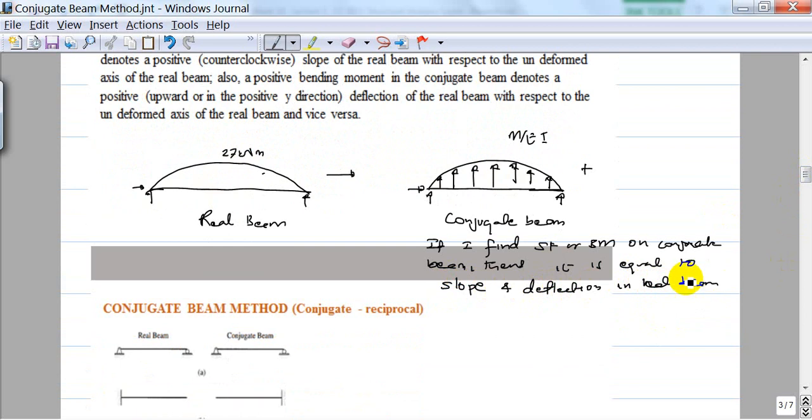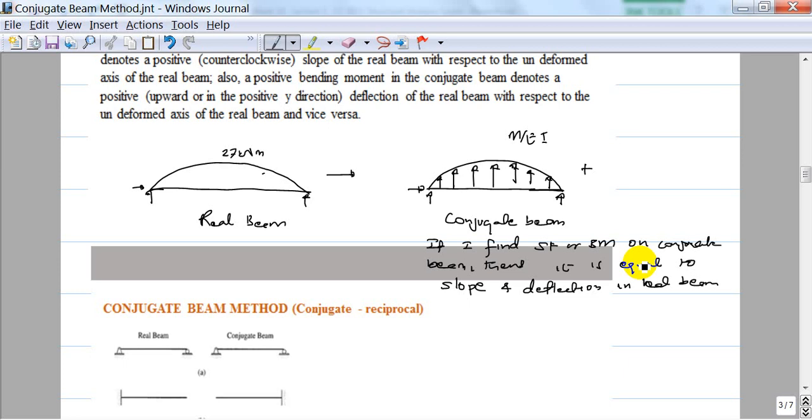It's very simple. You plot the bending moment diagram and divide it by EI, and then you derive the MOVA diagram. The MOVA diagram is a load acting on a conjugate beam. For that load, if you derive shear force and bending moment, that shear force and bending moment is equal to the slope and deflection of the real beam.